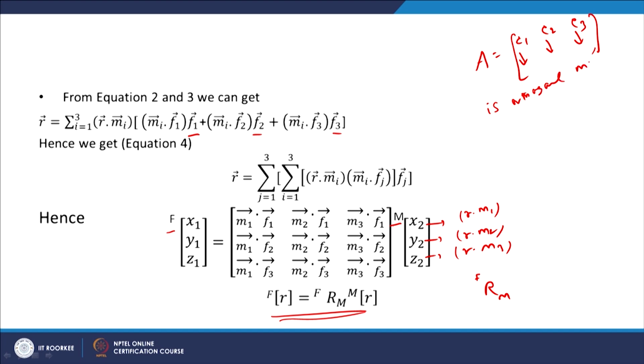For example, A transpose A gives you the identity matrix, 1 0 0, 0 1 0, 0 0 1. So, it can be easily seen that if A transpose is the inverse of the matrix A, then it is an orthogonal matrix. The same thing happens here because the 3 columns are mutually perpendicular and of length 1. So, the matrix between any two frames, F frame and M frame, is an orthogonal matrix.